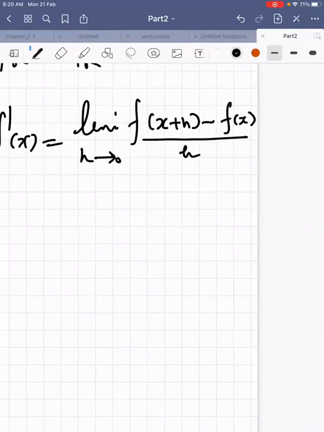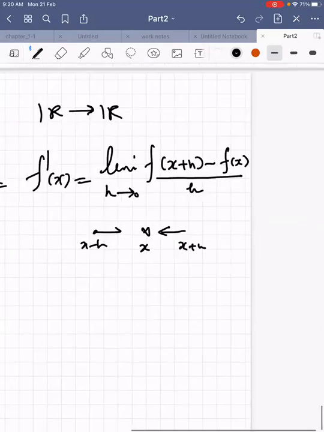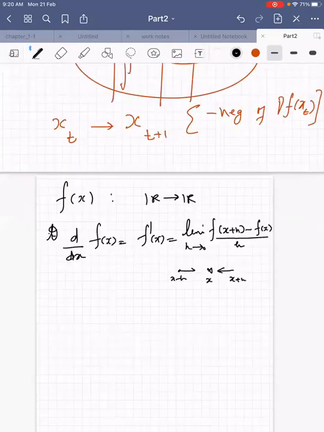You can go from x minus h to x also. So this is my x. You can come from x plus h, or you can come from x minus h. So there are possibly just 2 directions where you can come from. And when both exist and they are same, then the function is said to be differentiable, right?